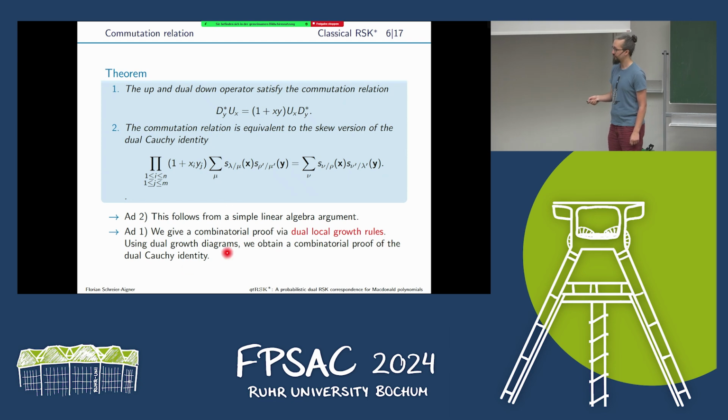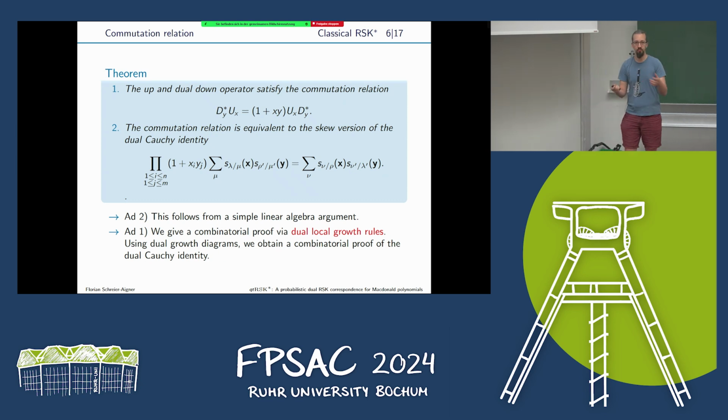For the rest of this first part, I want to focus a bit on this commutation relation and at least sketch a combinatorial proof, which will lead us to dual local growth rules. And once you have these growth rules, it's very easy to see that you can use the framework of growth diagrams, or in our case, dual growth diagrams by Fomin, and you can transform a combinatorial proof of this commutation relation to a combinatorial proof of this dual Cauchy identity.